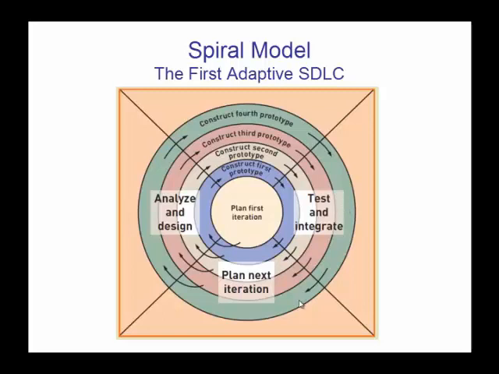The goal here is to have a prototype at the end of each iteration. In other words, something that actually runs that you can show people. So each iteration will involve analysis, design, and some actual implementation where you're doing some programming.